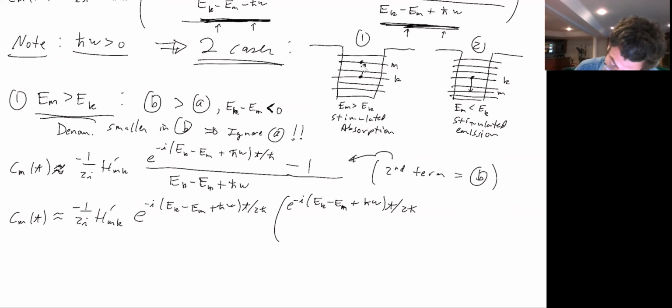But now I have from the other one, minus e to the plus i (Ek minus Em plus h bar omega) t over 2 h bar.